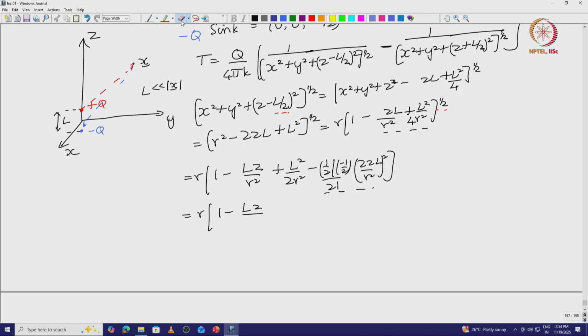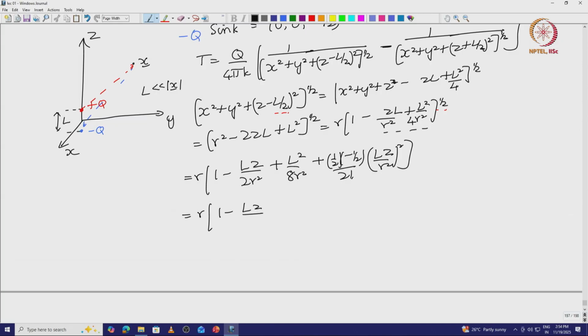So in this expansion I will get Lz by 2r² plus L² by 8r², plus half into minus half by 2 factorial into (Lz/r²) the whole square. That is because we have this factor of 4 in the denominator here, and that factor came about because of L by 2.